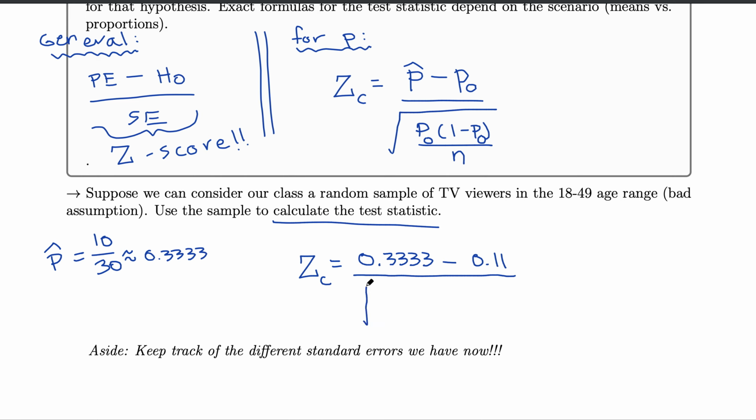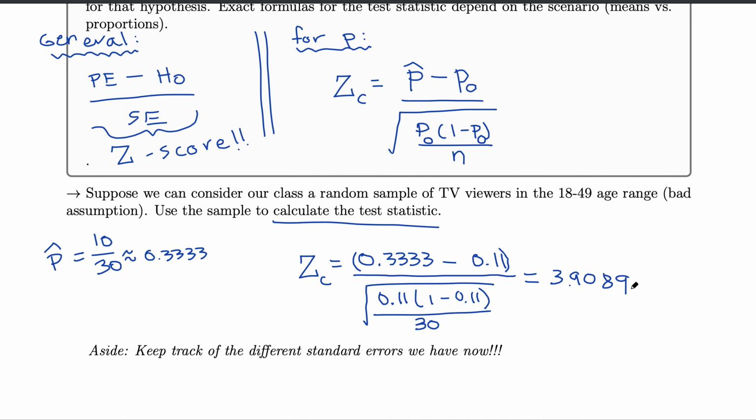And then our standard error, we're going to be real careful down here. The p we're using is p naught, the value from the null hypothesis. So 0.11, 1 minus 0.11, all over our sample size of 30 students plus 1 teacher. And if you work that out, make sure you're careful with your order of operations here, you should get 3.9089.